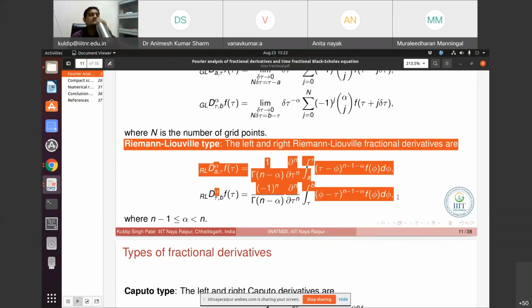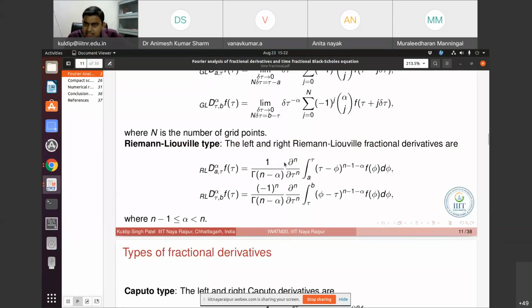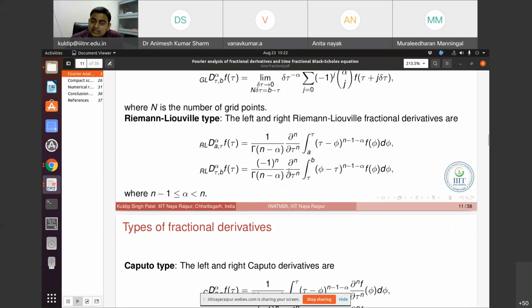So the objective is this: we have this derivative, and we have to approximate it numerically. We have approximated this Riemann-Liouville derivative in 4 ways, and we will show that the compact scheme is the best performing in terms of Fourier analysis and damping properties. How do we solve that PDE? I'll come to that a little later, but before that I'll show that in terms of Fourier analysis also, this compact scheme is far better than the other one.